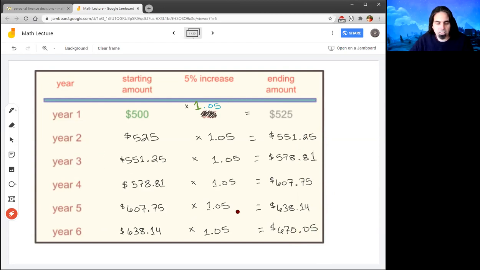So if you had a few cents difference because you actually rounded when multiplying, then that's perfectly fine.